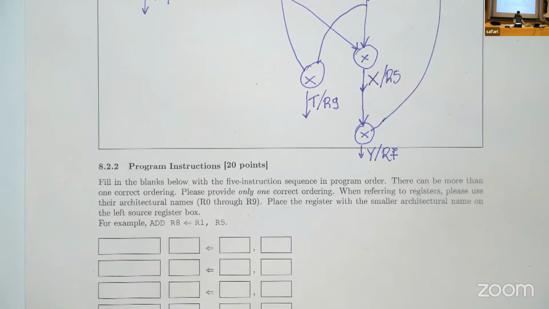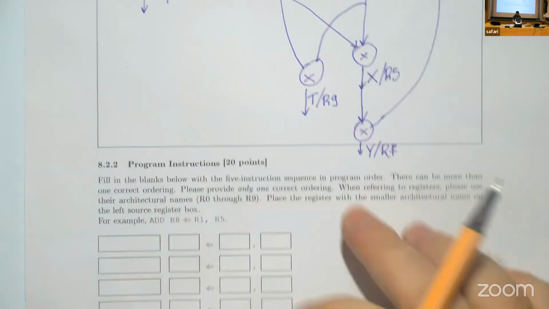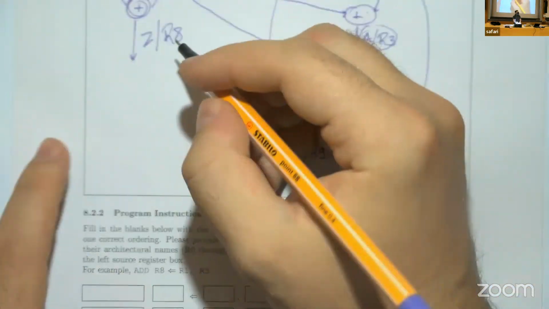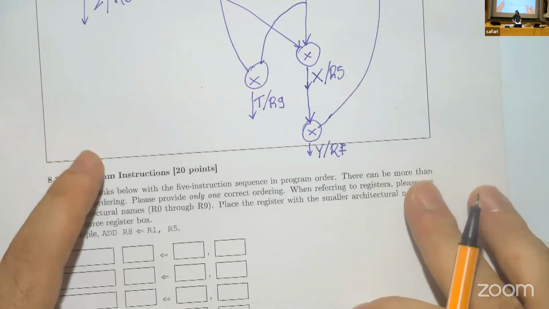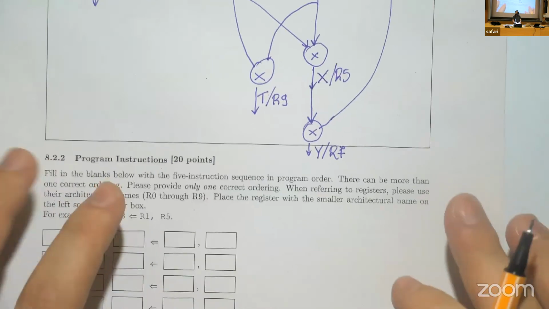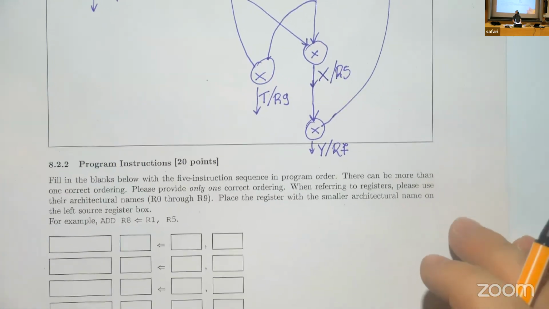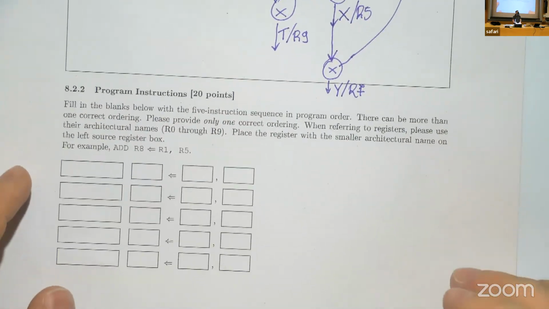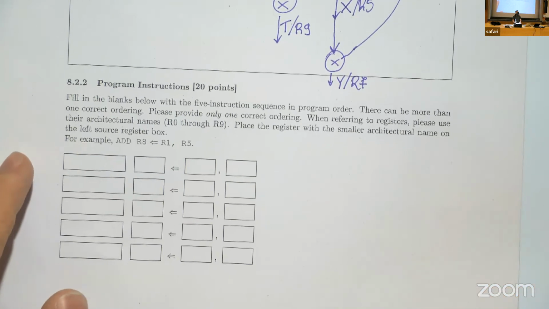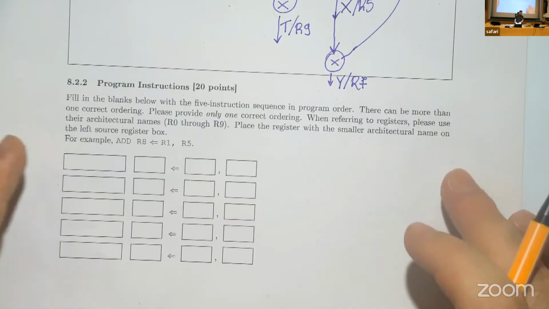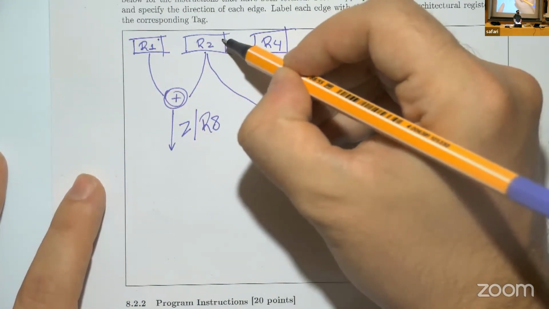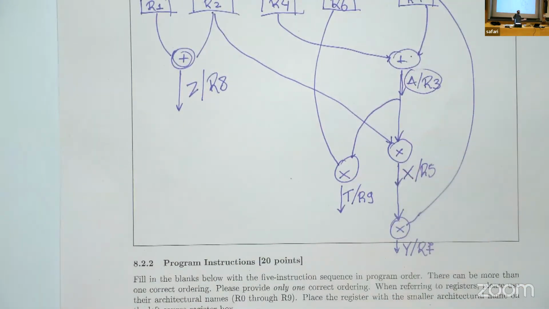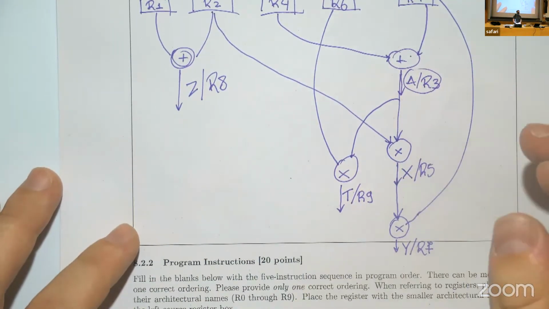Okay, so I will ask one question. As we saw, R1 and R2, we add them and we end up in R8, which is independent of the rest of the instructions. Can it be the first instruction?